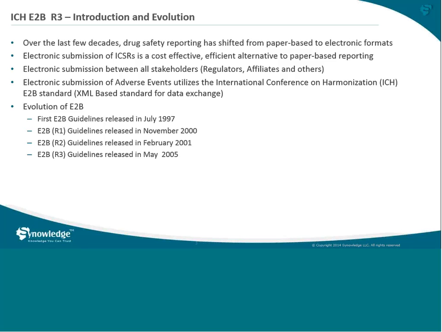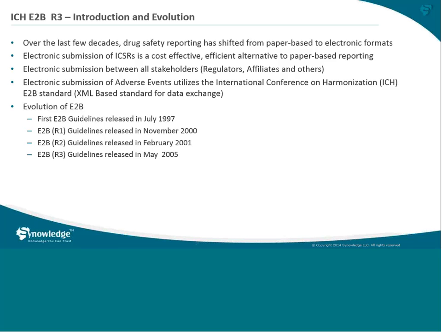The evolution of E2B has been bulleted as below. It was first released in July 1997. The R1, the first revision of E2B guidelines, was released in November 2000, which was improved and released in 2001, which is the current format, that is R2, and the current compliance to which the drug safety has to comply to.